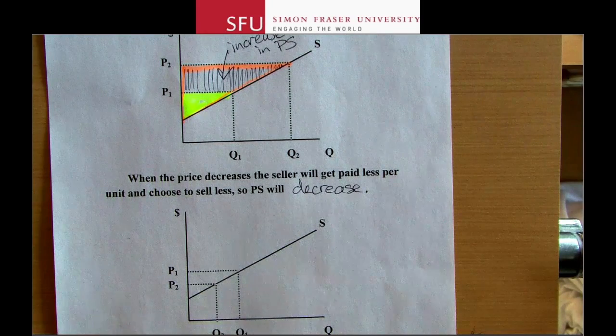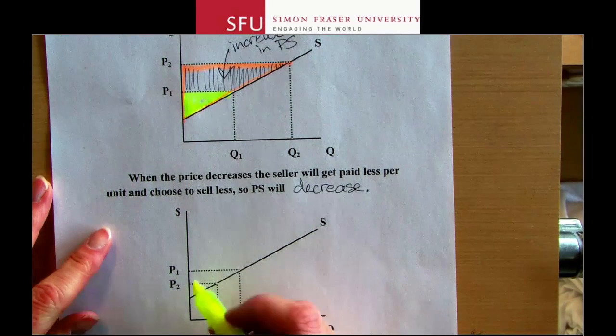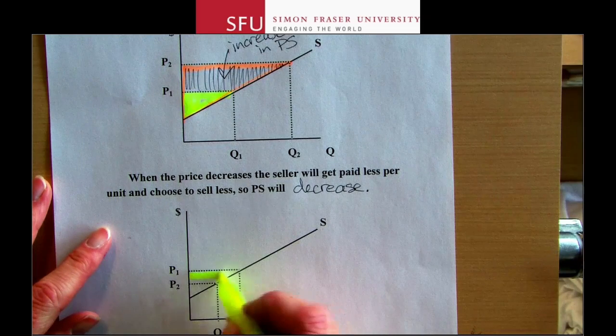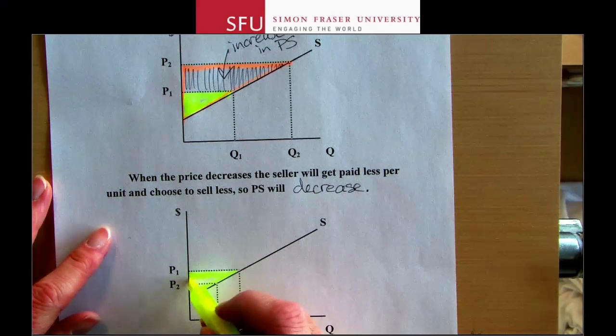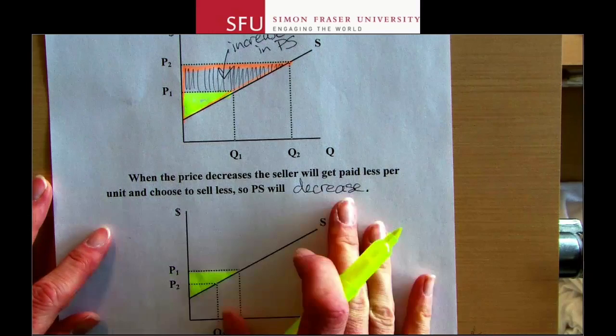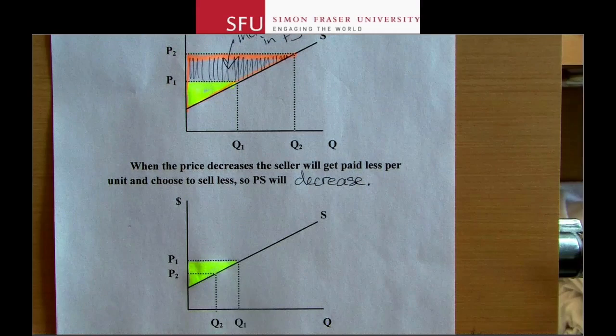So now the original surplus at P1 is the larger triangle. So they got paid P1, they sold Q1 units, but now the price goes down.